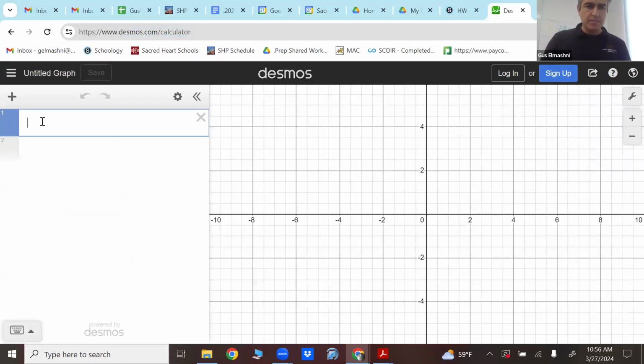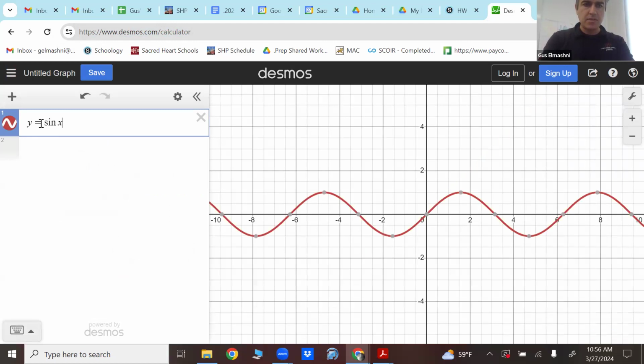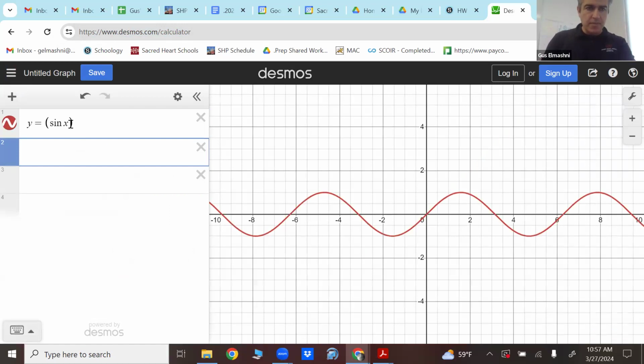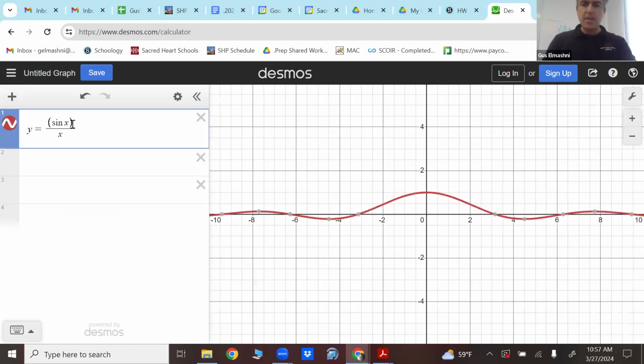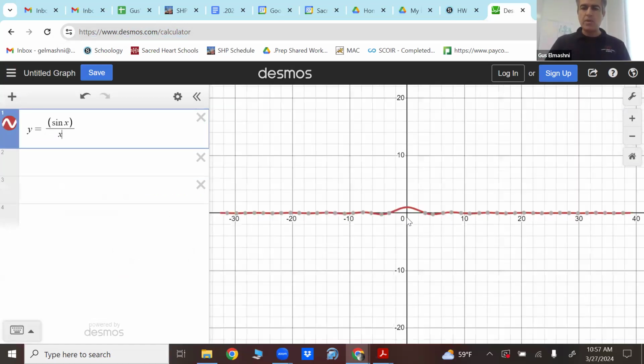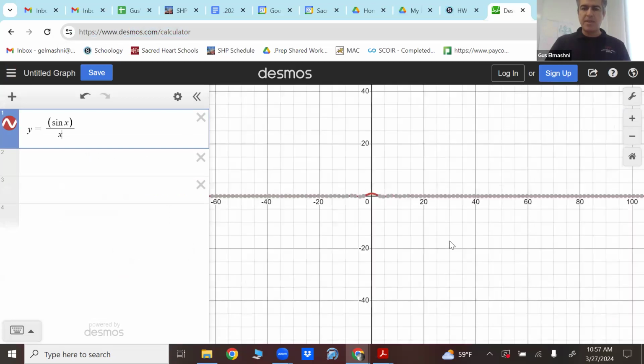Let's see here. y equals sine x, divided by x. If I zoom out, what do you notice is happening to the graph? Okay, that's not really good.